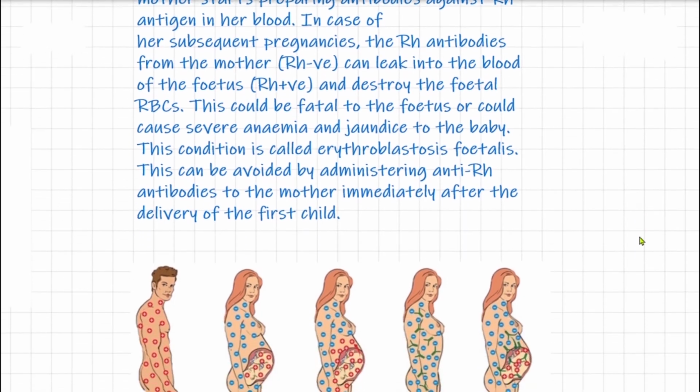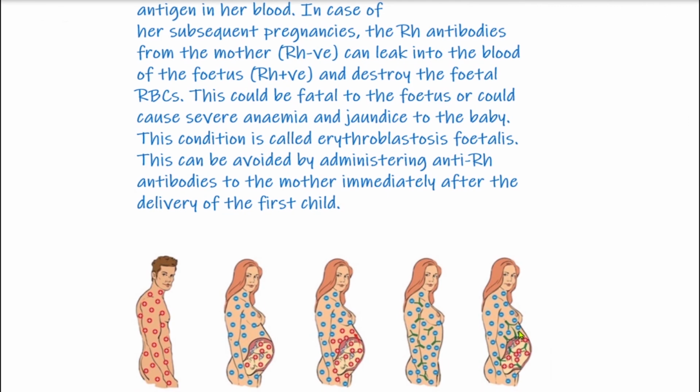As I told you, during the second pregnancy, the antibodies from the mother will destroy the RBCs of the fetus, and this could be fatal to the fetus or could cause severe anemia and jaundice. Destruction of RBCs will lead to anemia, and secondly, destruction of RBCs will liberate pigments bilirubin and biliverdin.